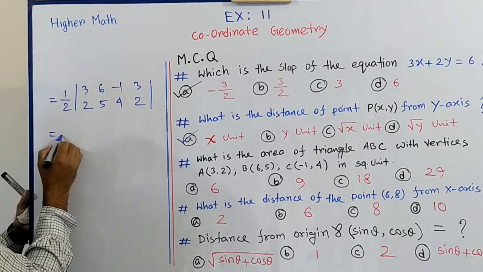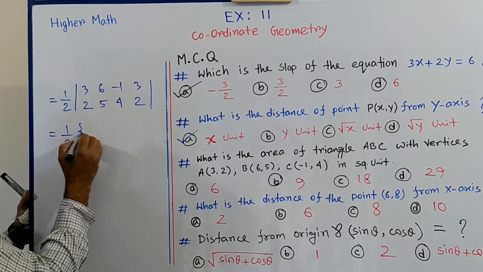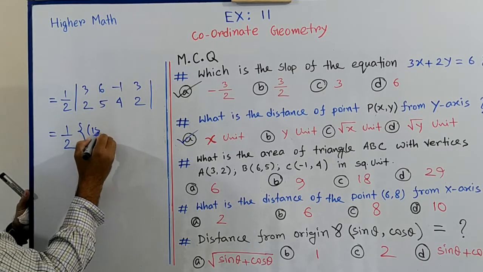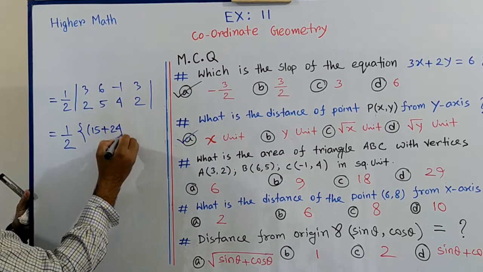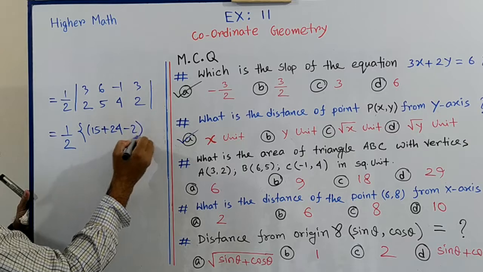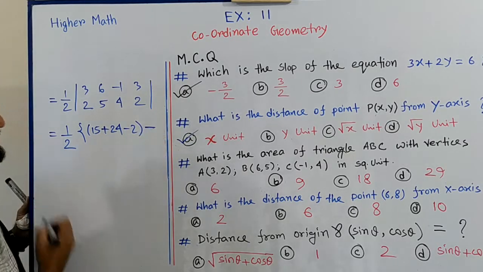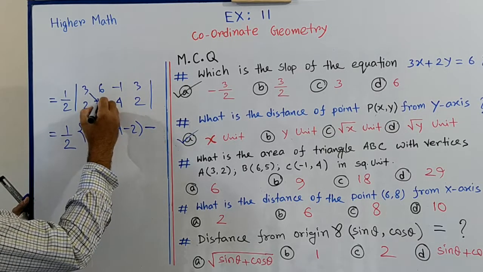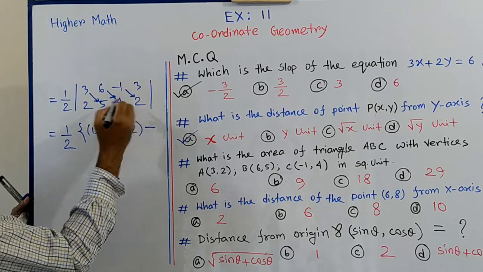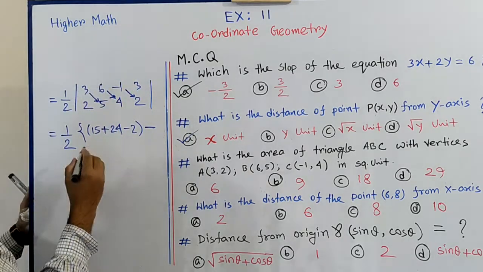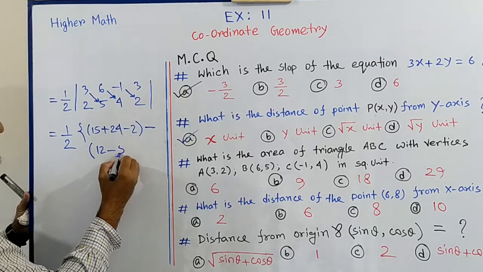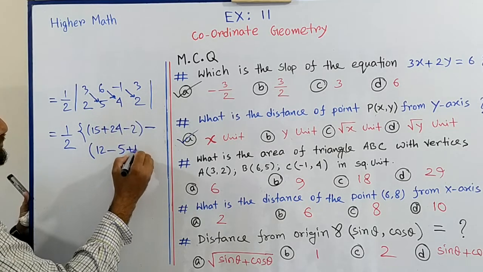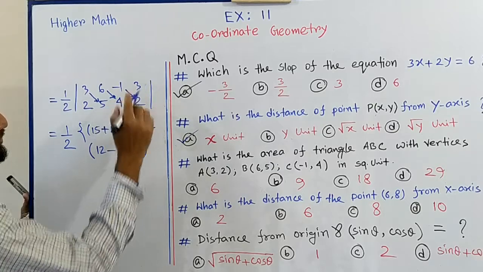Now by simple calculation we get 3 into 5, 15, then plus 6 into 4, 24, and then minus 2. Then multiply vertically and again multiply the lower to upper. So 2 into 6, 12, then minus 5 and then plus 12, 4 into 3, 12.